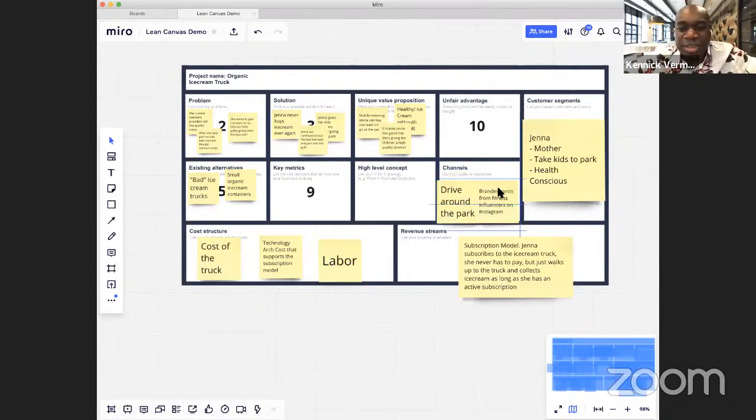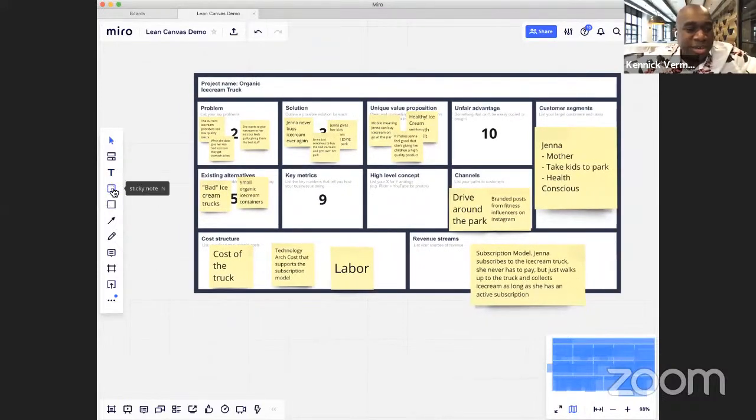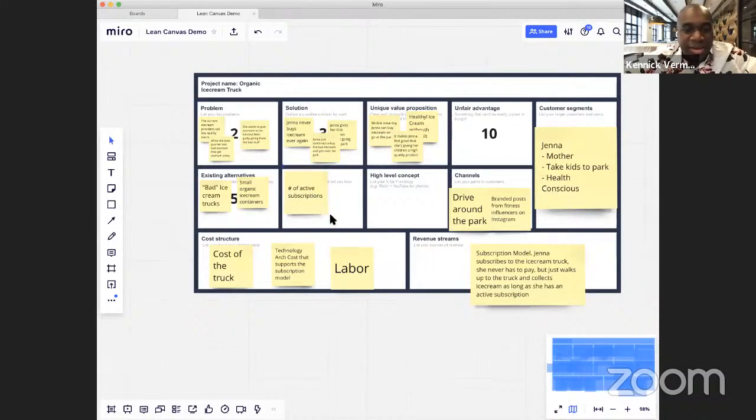All right, now that we have our channel set up, let's go to our key metrics. Number of active subscriptions, and churn.